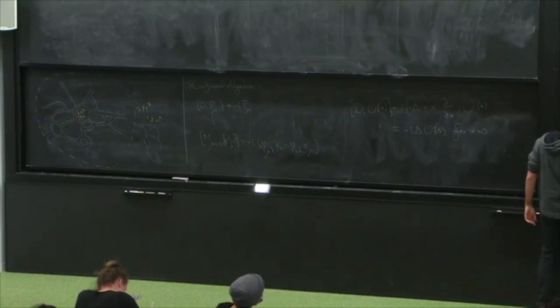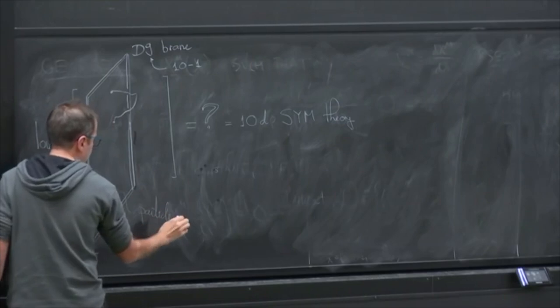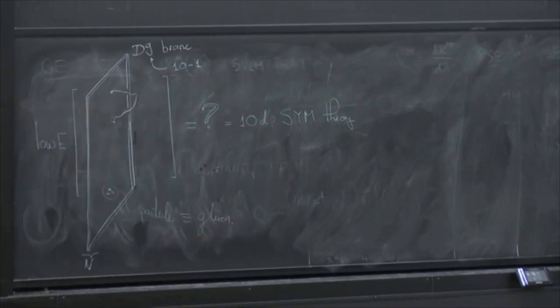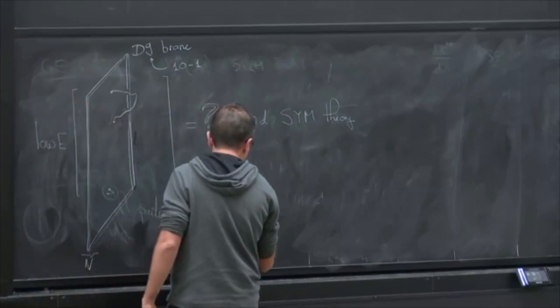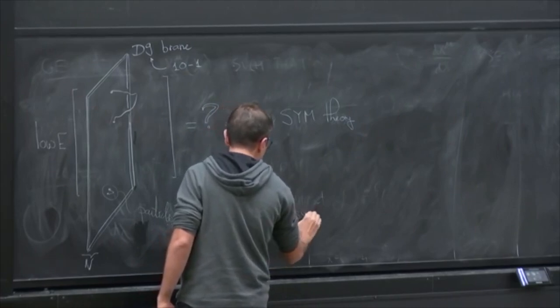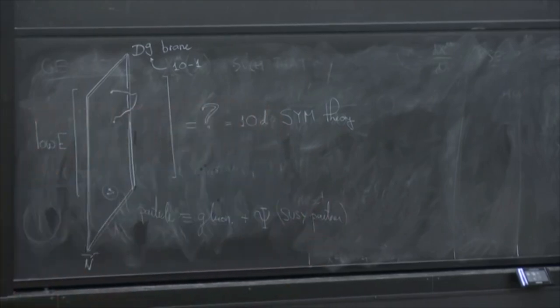So this is a particle from far away, and this particle is the gluon at low energy. Plus, because the theory has supersymmetry, plus the psi, the supersymmetric partner. These will be the massless particles that describe the low energy limit.